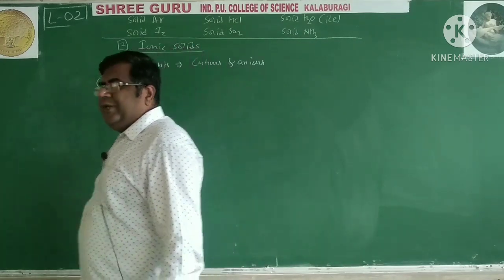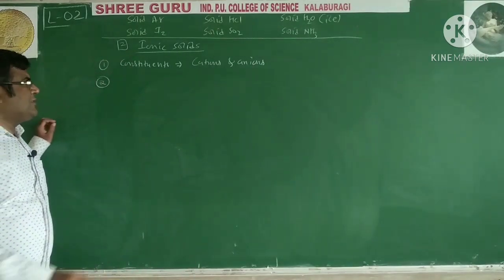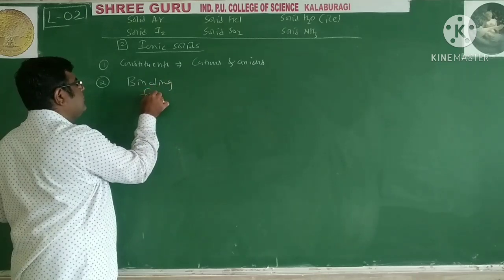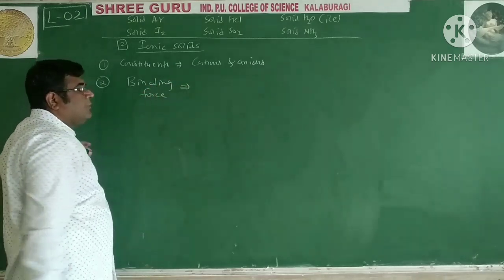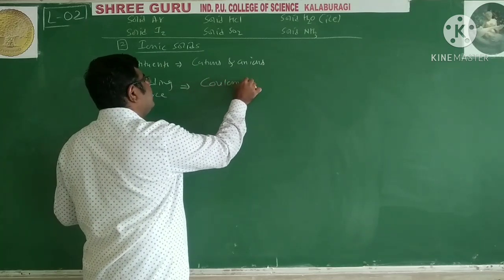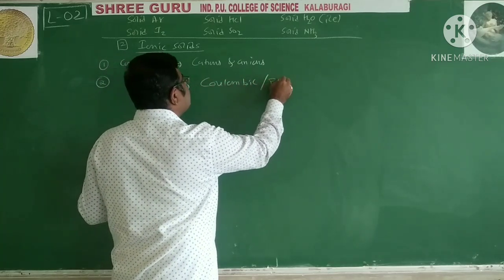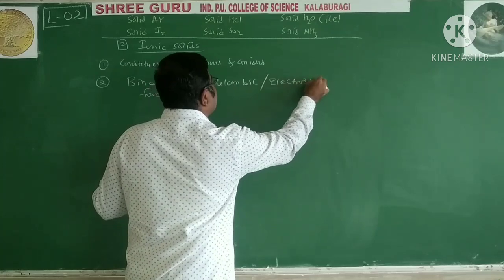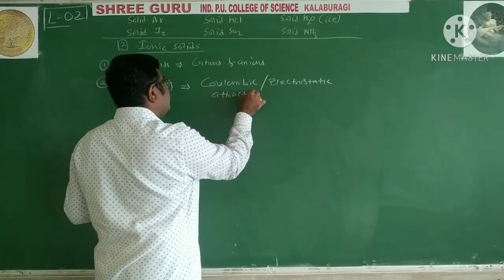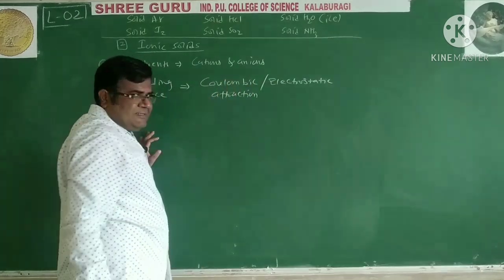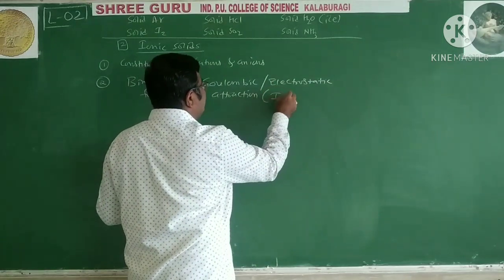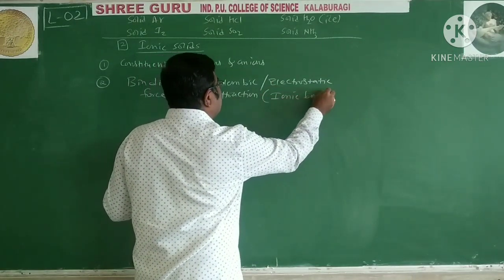Next point, when we talk about its binding force, we call it Coulombic or electrostatic attraction, because they have Coulomb charges. So it is electrostatic attractive force, which we call ionic force.